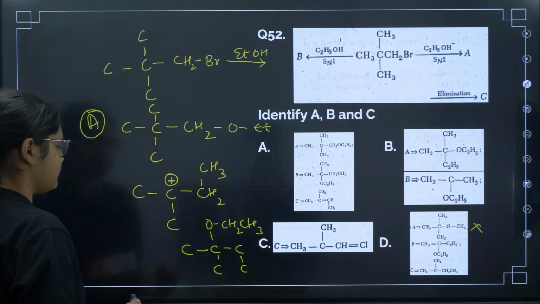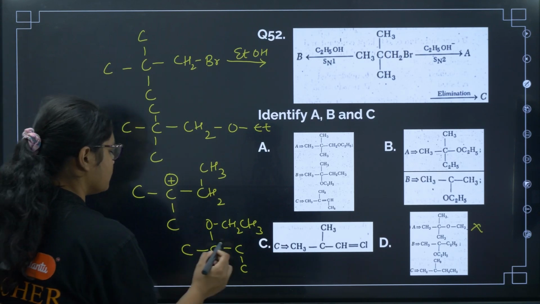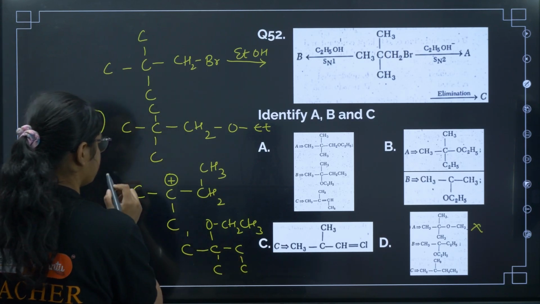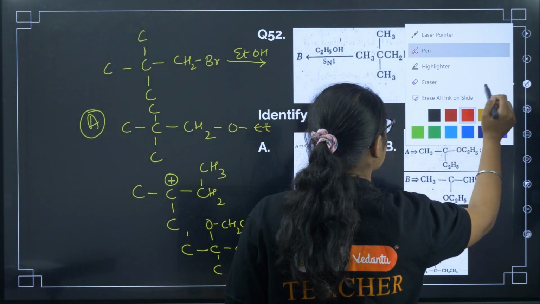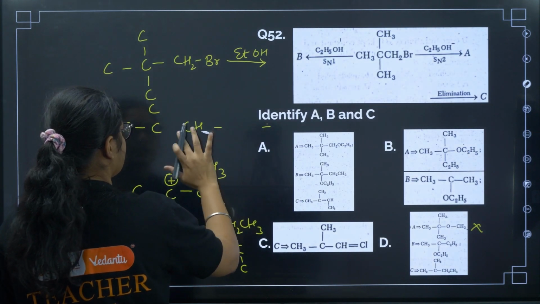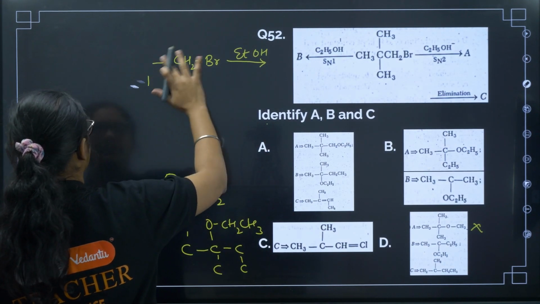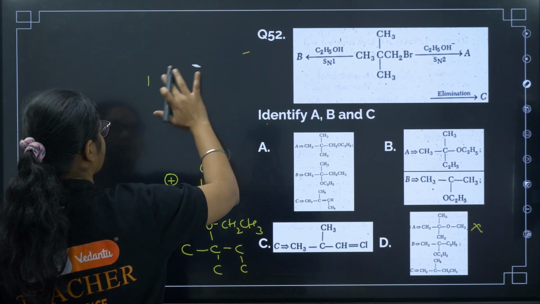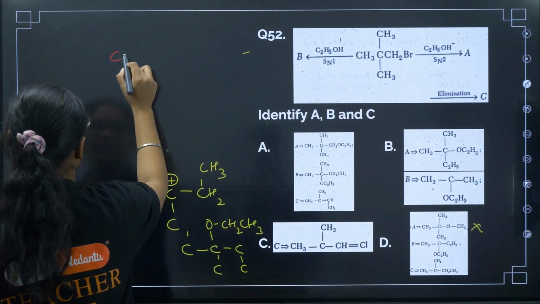Now elimination, if you have to eliminate it, what will happen? Water molecules will be removed, so we can have one H here. So I'll erase this A product. Okay, so if we see here, after getting B, if we do elimination, then the product formed here will be, let us draw it again here.